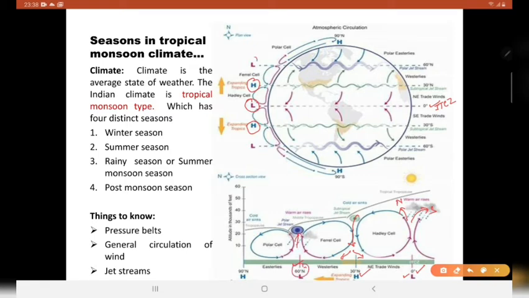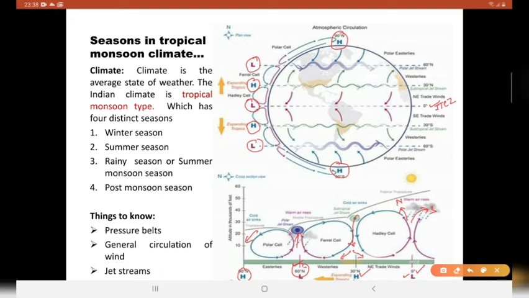So, you can see how low pressure is being created at 60-degree latitude. This rising air again sinks at the pole because there always remains high pressure due to freezing temperature. So, we have 7 alternate low and high pressure zones on the earth.